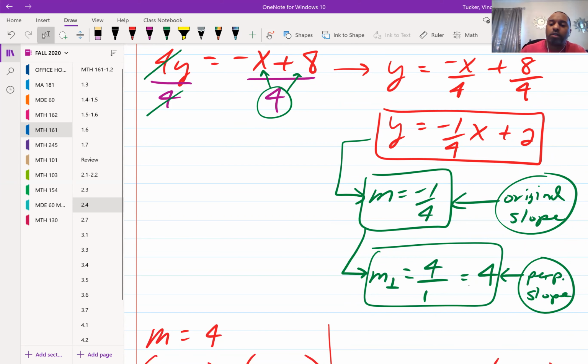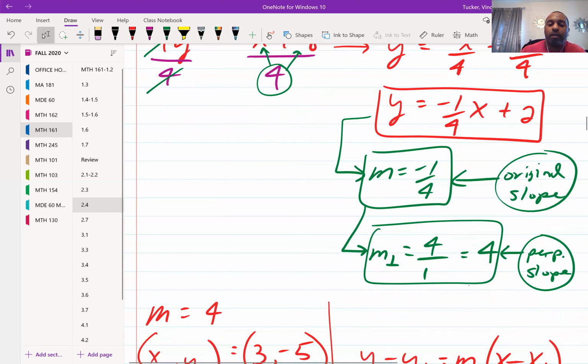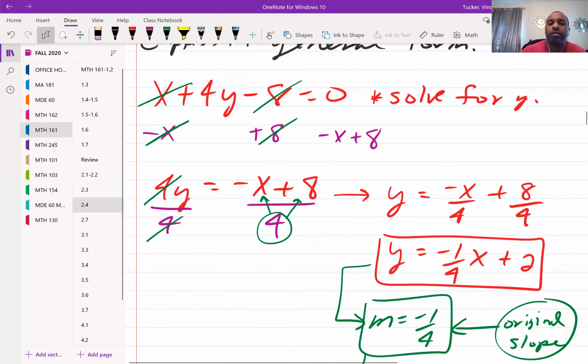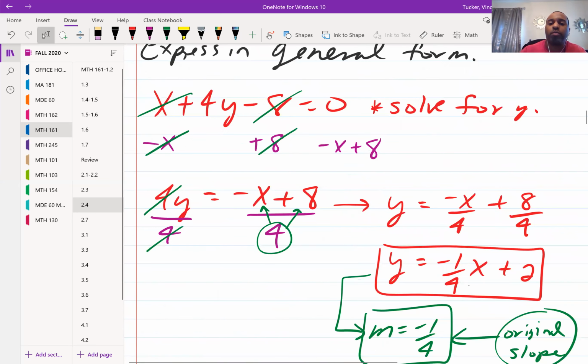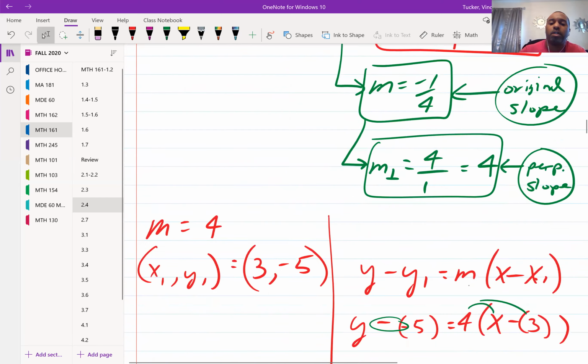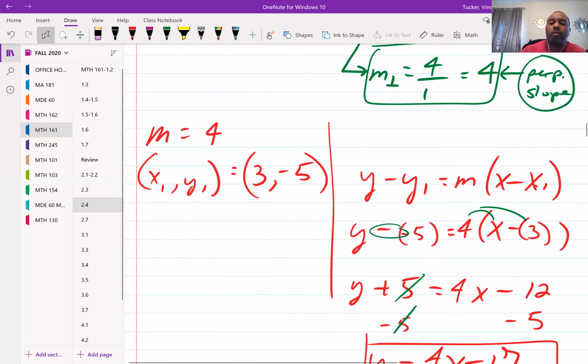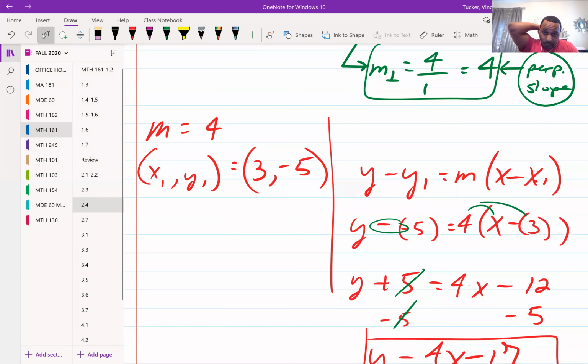Okay, so now that we have our slope, which is 4, and they gave us that point 3, -5, that came from the actual problem itself, we will go ahead and plug it into the point slope formula. y minus y1 equal to m times x minus x1.